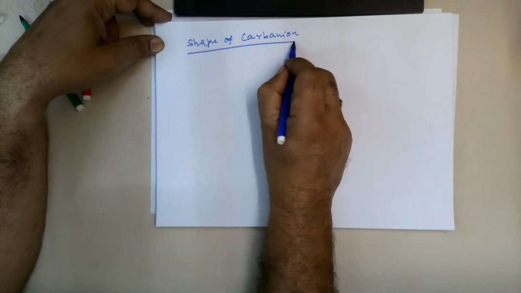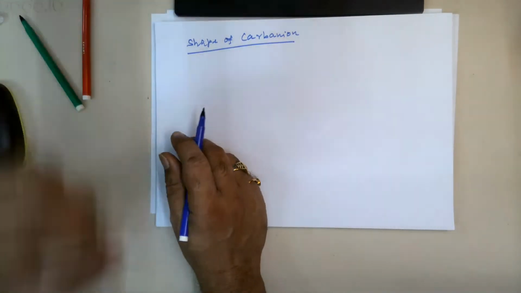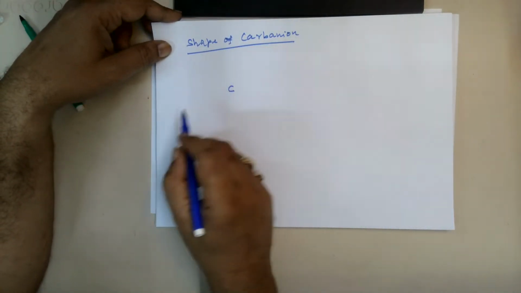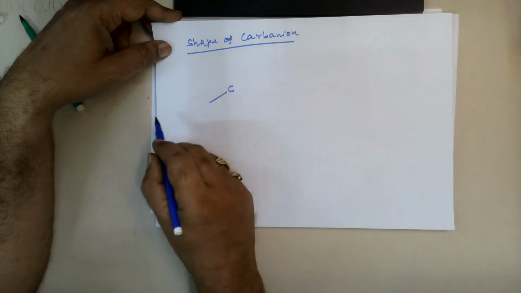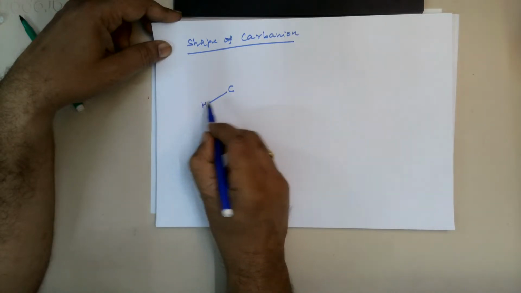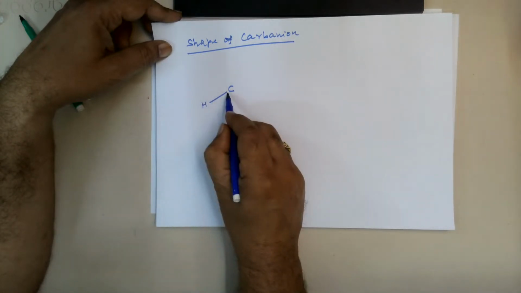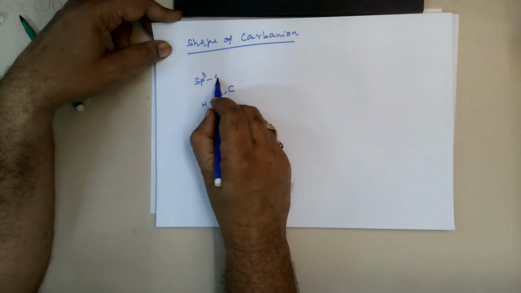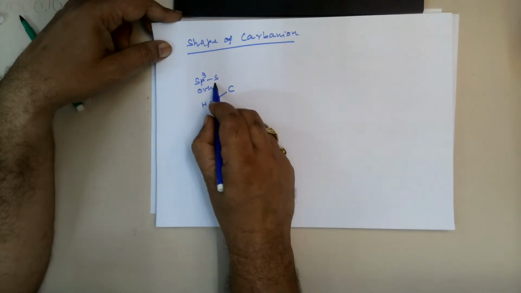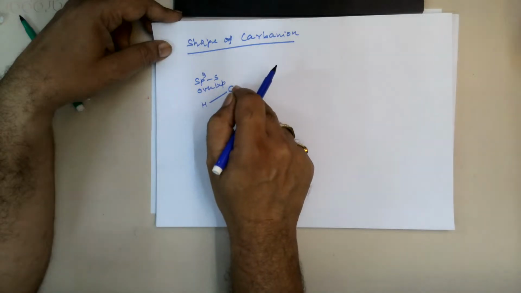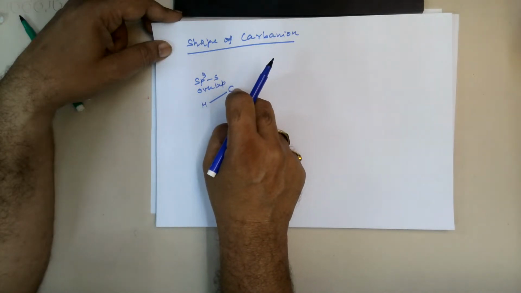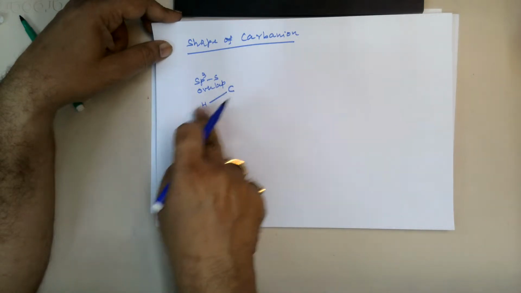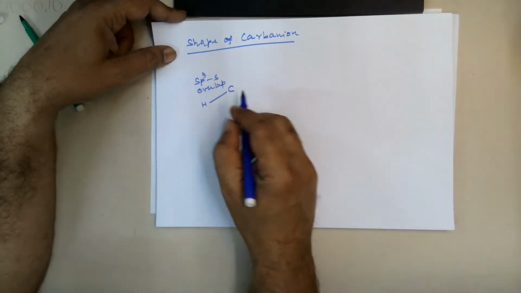Carbanion means carbon with the negative charge. So this is C, and you have H here, and this is called the sp3 s overlap, because this carbon is involved in sp3 hybridization, and this hydrogen has s. So this is sp3 s hybridization.